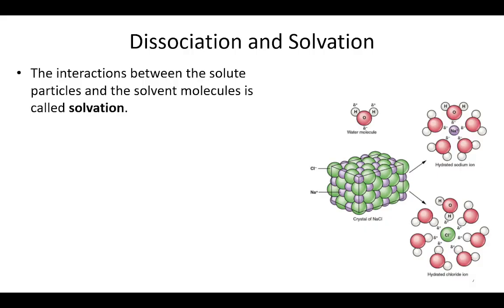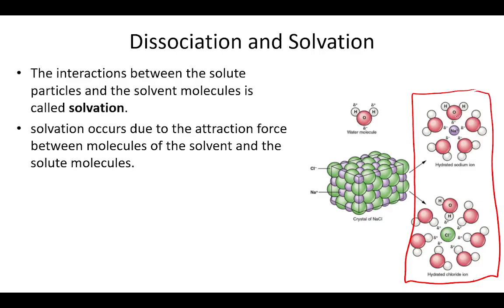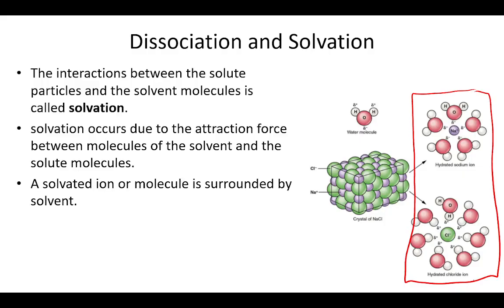So we're using water, our universal solvent, as the solvent in this example. And the solvation is what happens when each of those individual ions are surrounded by water molecules. So there is attraction between each of the points of the solute, my salt, by the solvent.